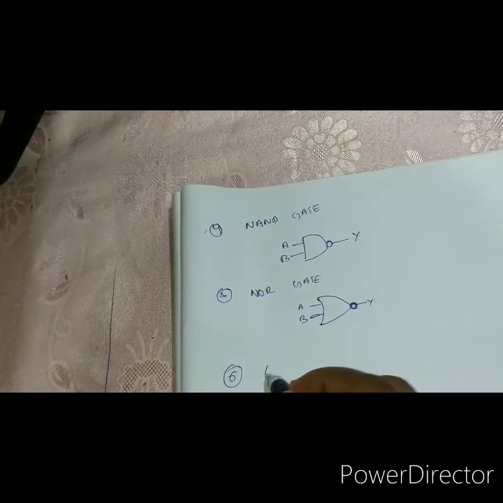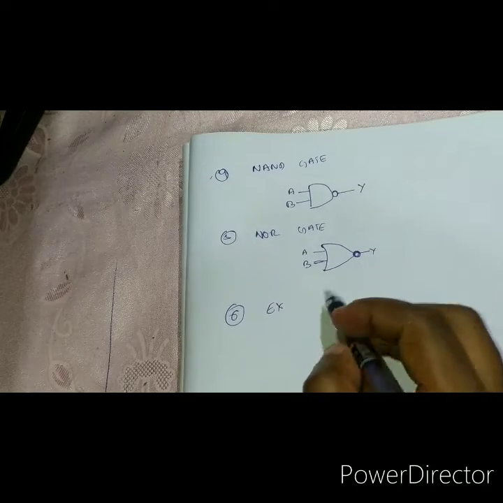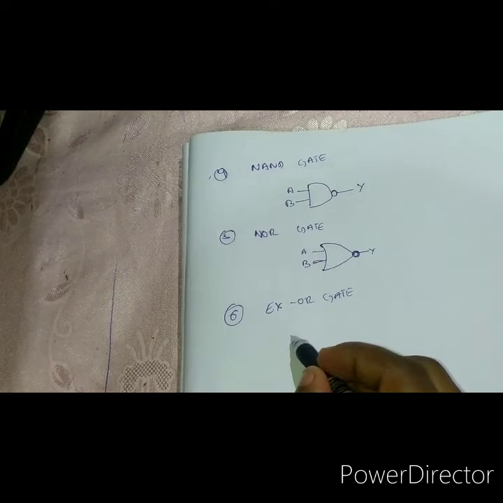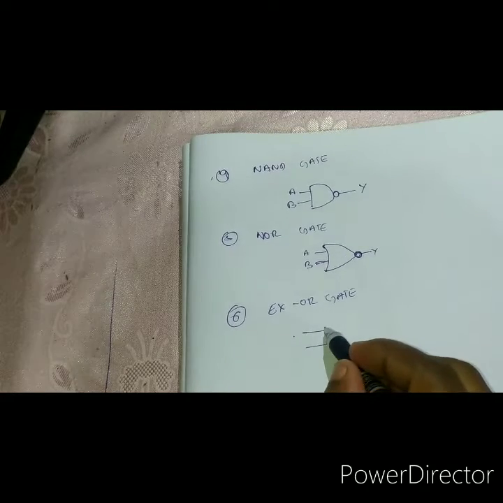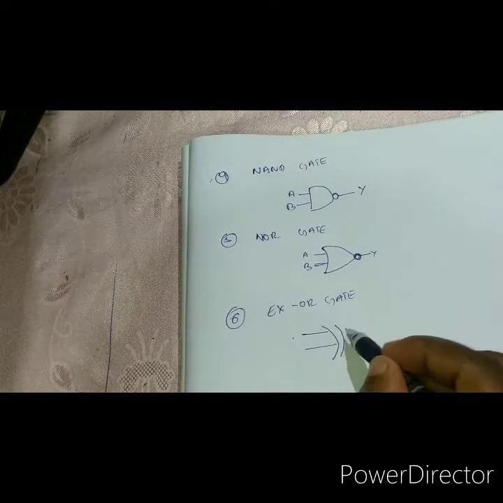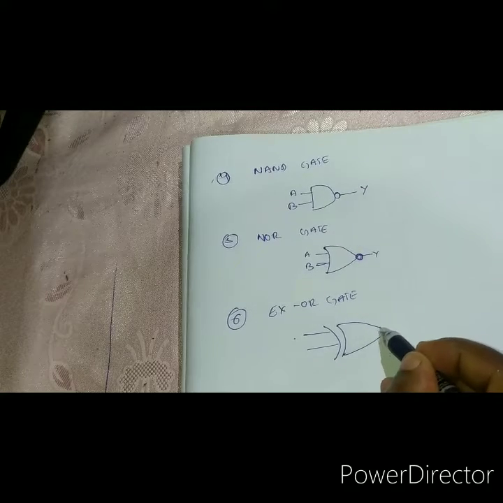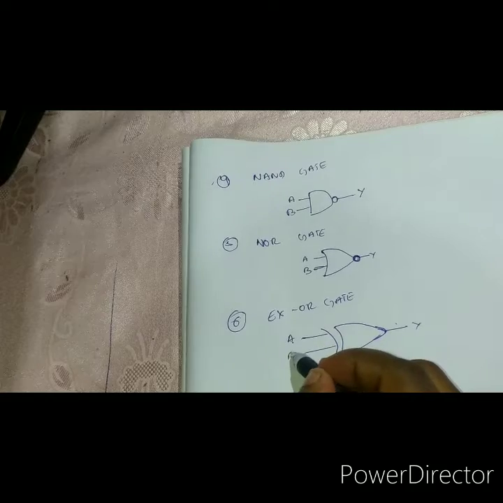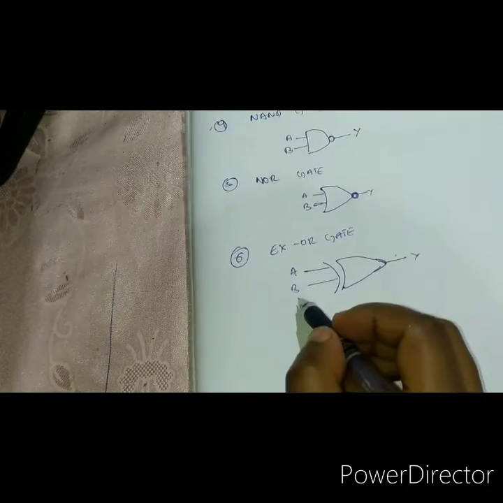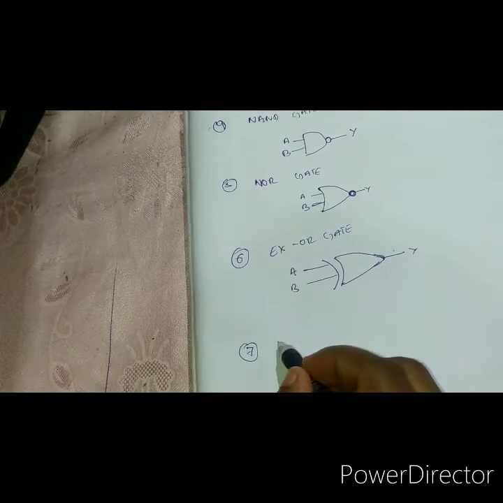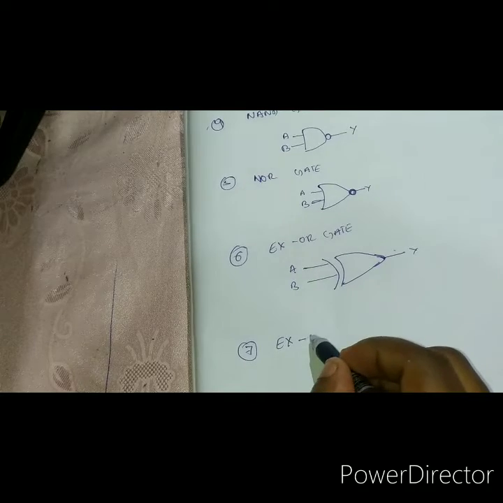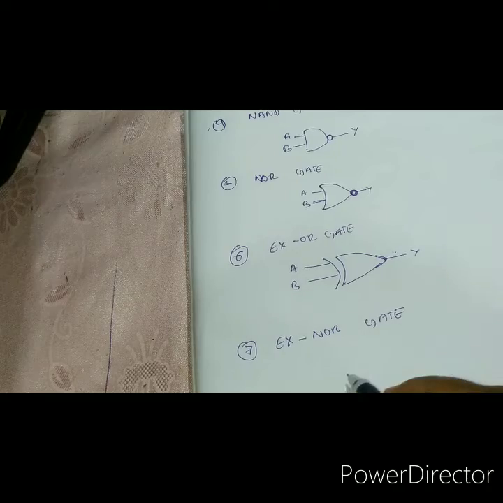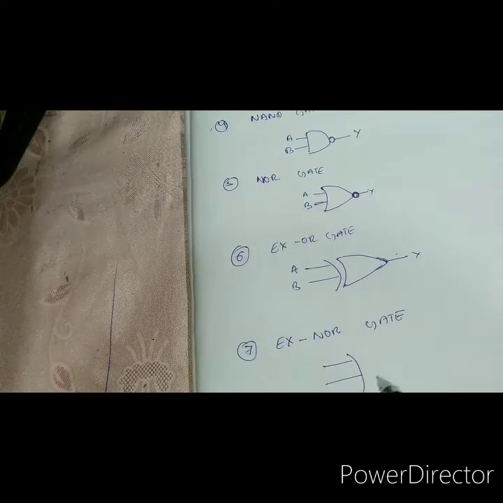Number 6 is the XOR gate. The logic symbol for the XOR gate is this. This is Y, A and B are the inputs, and Y is the output. Number 7 is the last gate, the XNOR gate.